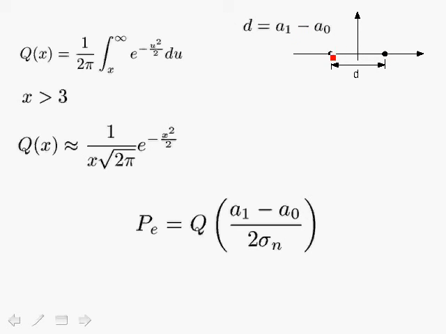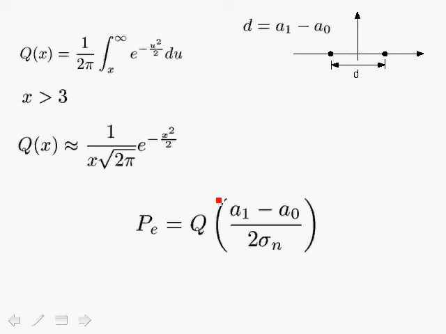A1 minus A0 is this distance over here, and we see here that as this distance becomes larger, then the probability of error becomes small and rapidly goes close to zero as this distance increases. Now this distance here is related to the square root of the energy. So in effect what we're saying is that as the signal to noise ratio increases, the probability of error decreases, which is what we expect. We get better performance as the signal to noise ratio increases.